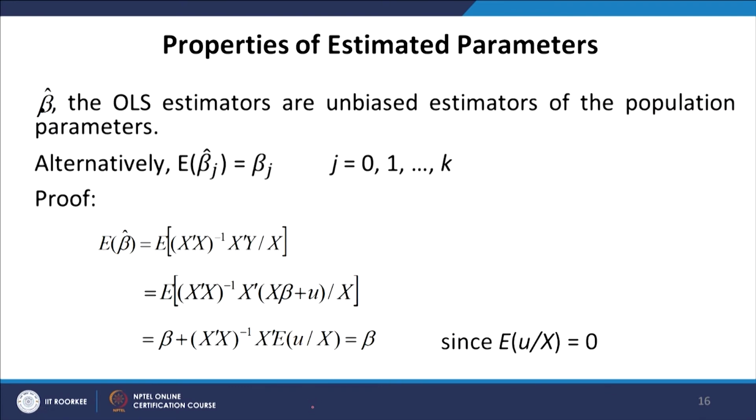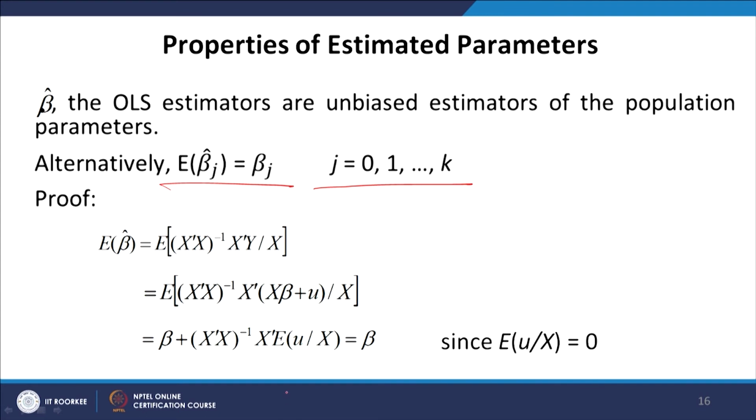Now, talking about the properties of the estimated parameters beta hat, the OLS estimators are unbiased estimators of the population parameters. So, we again stick to the concept of BLUE, best linear unbiased estimators. Alternatively, expected value of beta j hat is equal to beta j for any j from 0 to k.